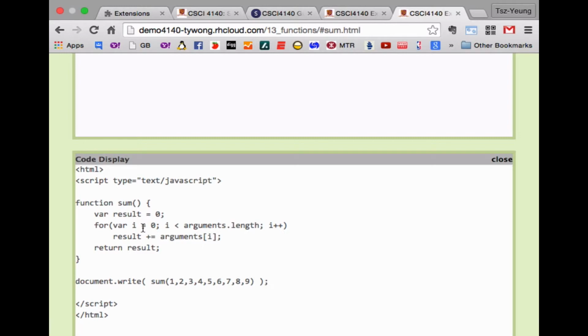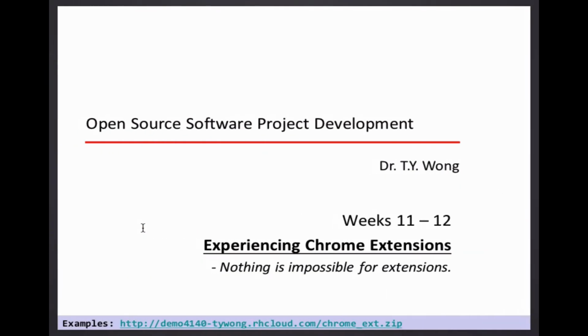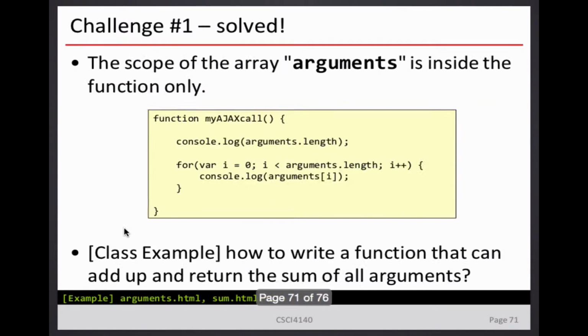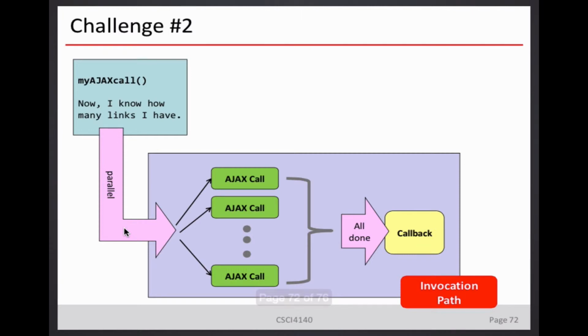Now plug it back to my example. My example is, I want to know how many URLs are input so that I can fire the correct number of agent calls. Then this is it, very simple. I know how many, I fire up the number of agent calls.